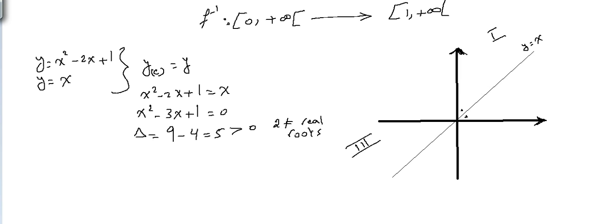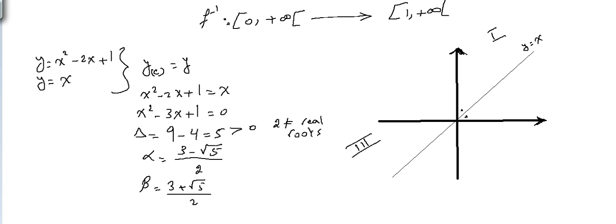Let's find these roots. Alpha is minus b, which is 3, minus radical delta, over 2a: 3 minus radical 5 over 2. And beta will be 3 plus radical 5 over 2.